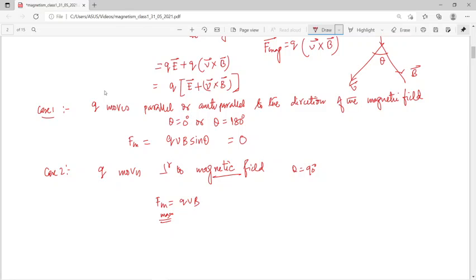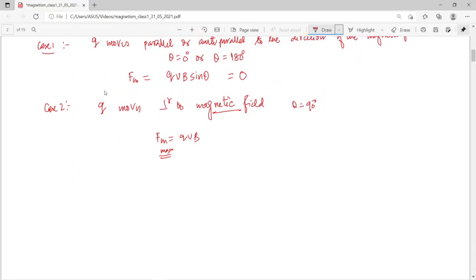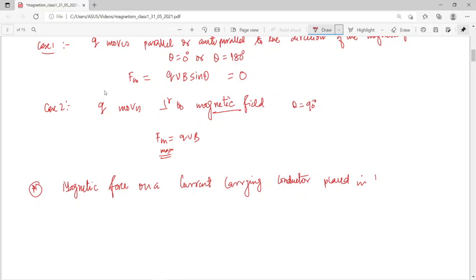So in your board exam, it may come that they will ask you for a derivation, that means the magnetic force on a current carrying conductor placed in a uniform magnetic field.